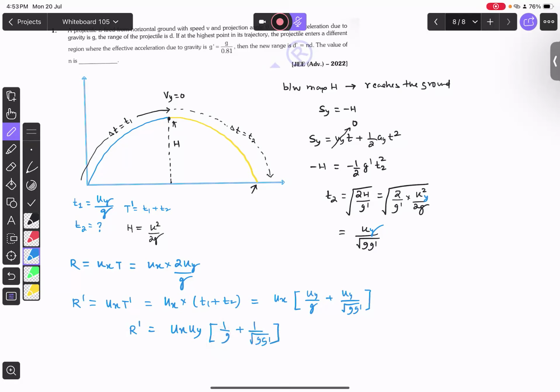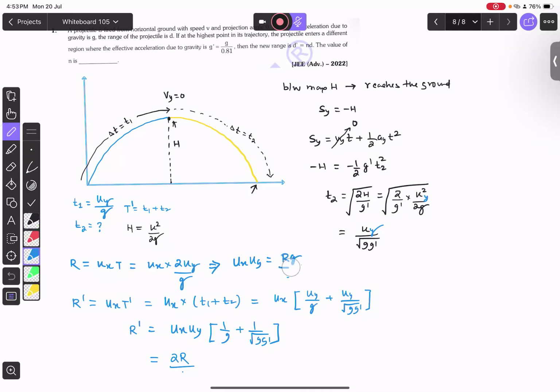Now you tell me what I can do here is I can write ux ui to be equal to 2 R by g, no? So 2 R by g, no, not 2 R by g. ux ui is Rg by 2, no? Yes, sir.